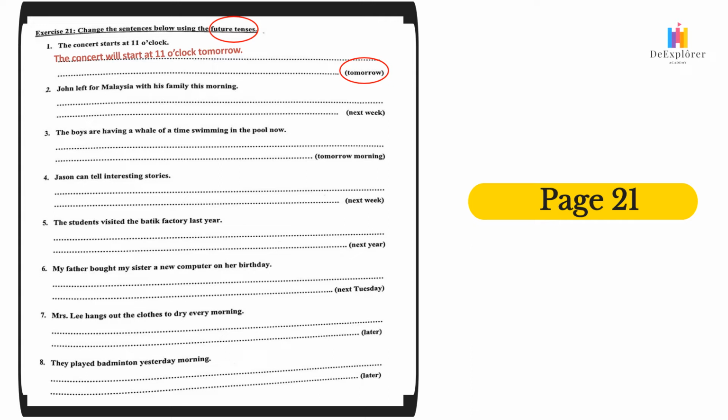You need to use the future. And one of the future tenses that you can use, the easiest is to use will. Will start. After will, base form, remember to use base form. And at what time? 11 o'clock tomorrow. Okay, so you can write the answer now into the lines, the space given. Write properly, handwriting must be good. Put your finger in between words.